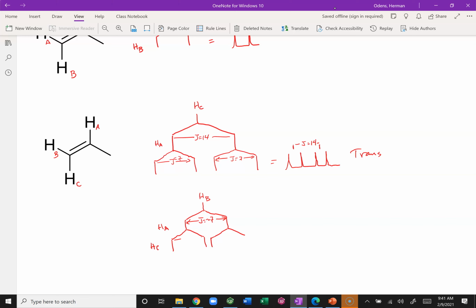So this signal will be approximately J equal to about 3.5. And this J coupling with about 3.5. And this is what you will have. Notice that this signal right here and this one will be in the vicinity of this one right here, all three of them.